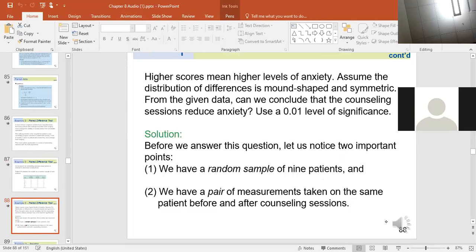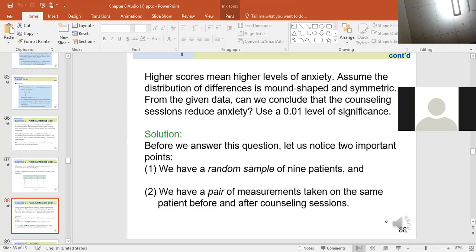Conclusion: at alpha equal to 0.01, there is enough evidence to support the claim that counseling reduces anxiety.